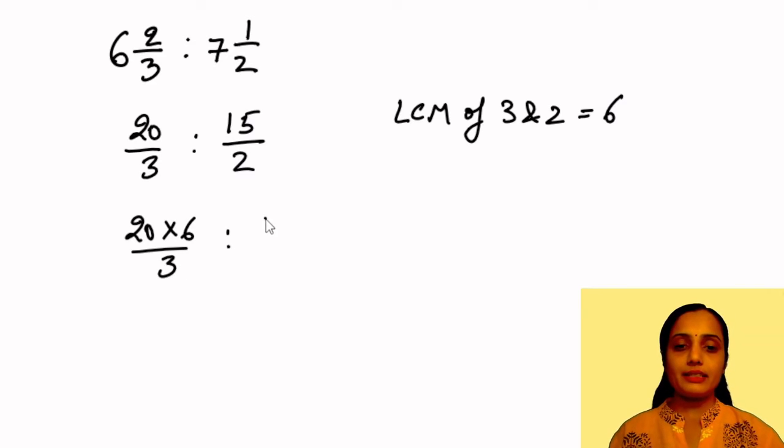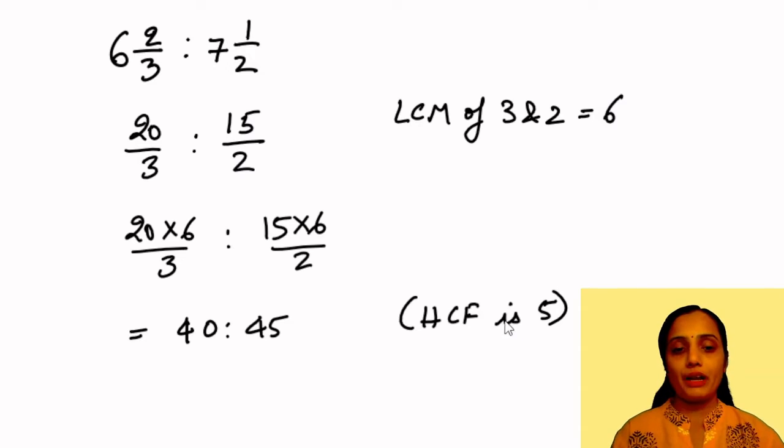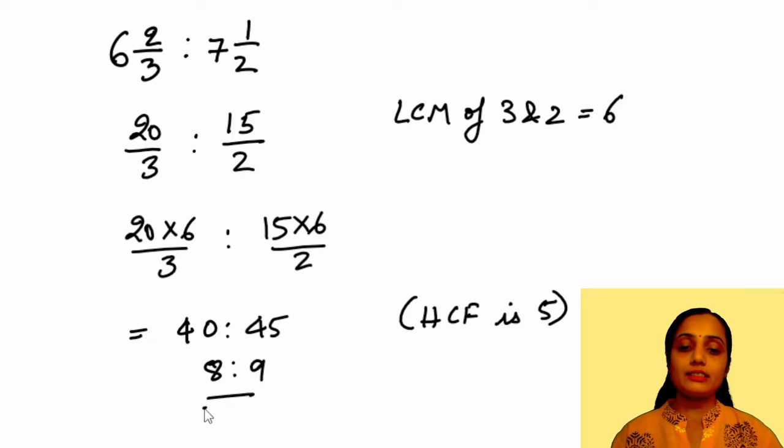Taking 6 as the LCM, we have 15 into 6 by 2, which gives us 40 is to 45. Now we can take the HCF here. The highest common factor is 5. So here we get 8 is to 9. Here is the simplest form of the ratio.